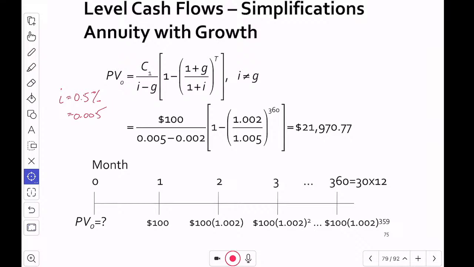I am going to start with the calculation here. So what I'm going to do, I'm going to write out my steps and then go to the calculator. So I'm going to take 1.002 divided by 1.005.